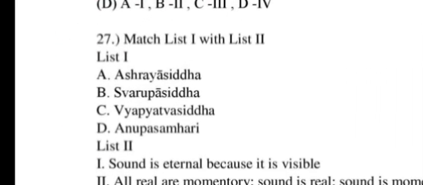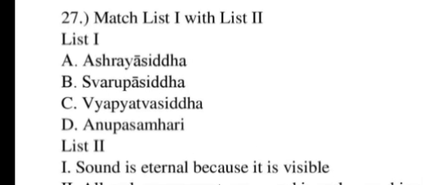Moving on to question number 27. It says match list 1 with list 2. In list 1 we have A, Asriya Siddha, sorry for the pronunciation. Then B says Sabarip Siddha, C says Behapad Siddha, D says Anupam Smahari.